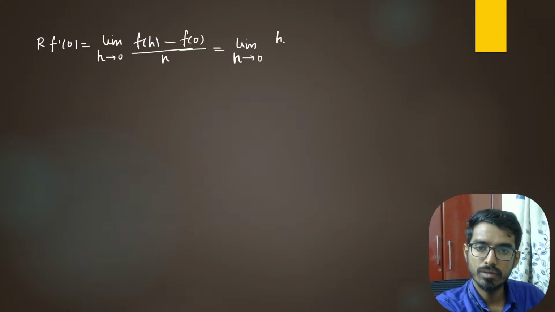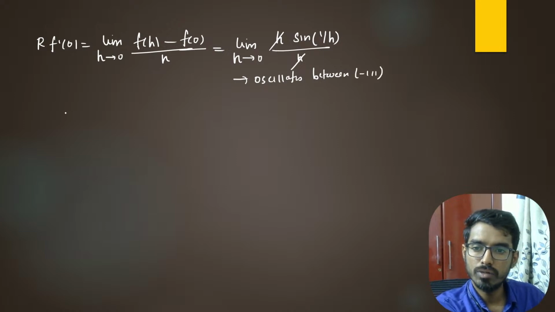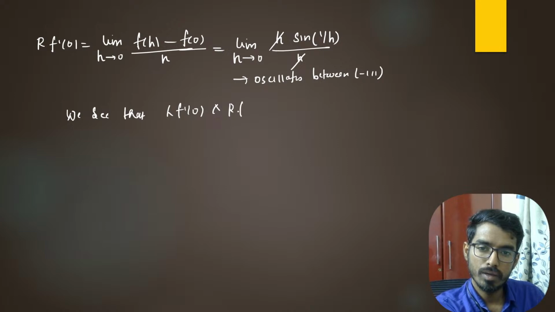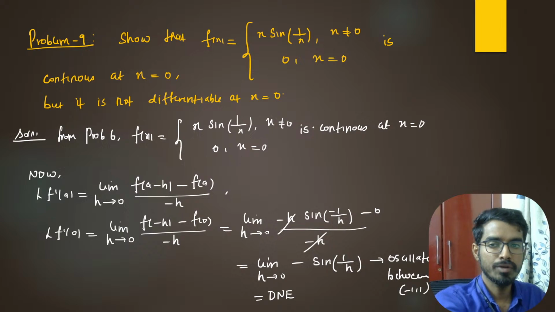So f of h is h into sine 1 by h, whole divided by h. Again you can see it oscillates between minus 1 and 1. So we see that L of f dash of 0 and R of f dash of 0 do not exist. This implies f of x is not differentiable at x equal to 0.